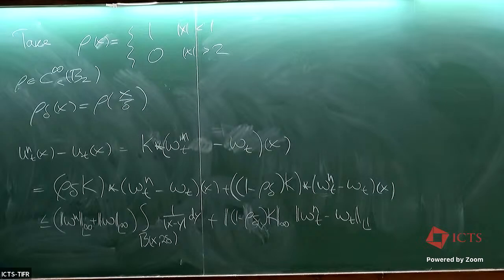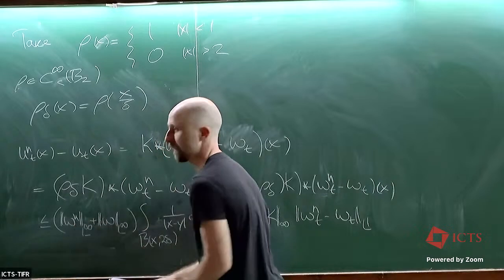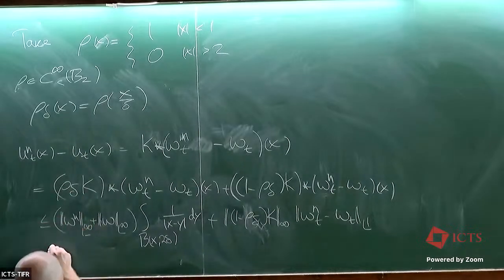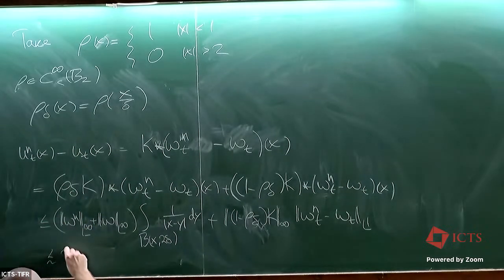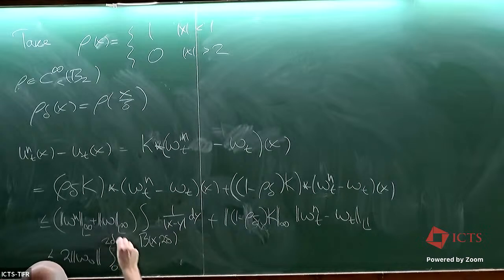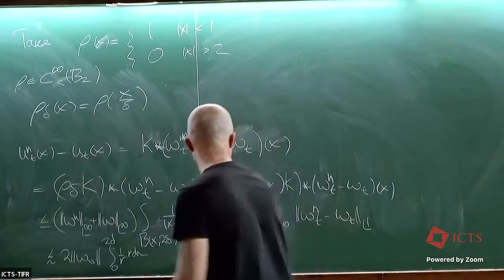Good, so now the L infinity norm of omega n and omega will necessarily be bounded by the initial data. So this one will be bounded by 2 times omega naught. And again, when you're integrating this, you get an integral of the form 0 to 2 delta, and then you get 1 over r, but you get r dr here, right? When you change the coordinates.